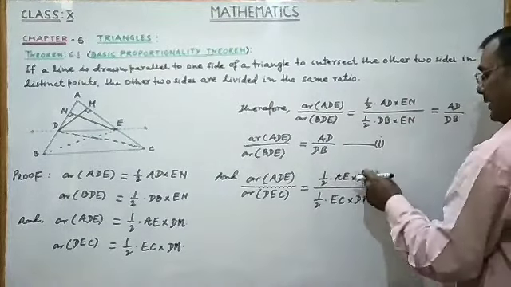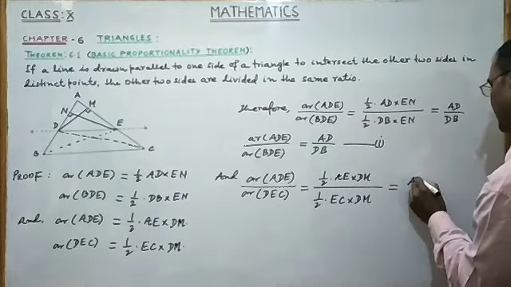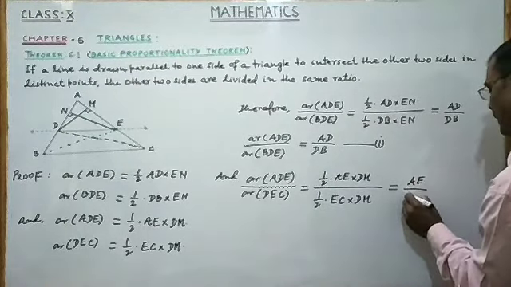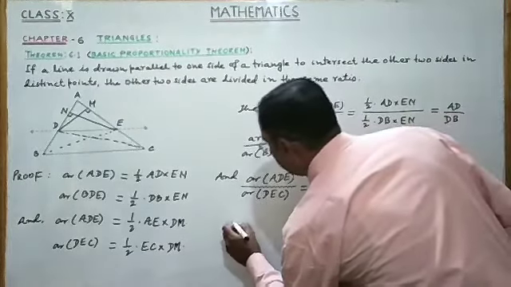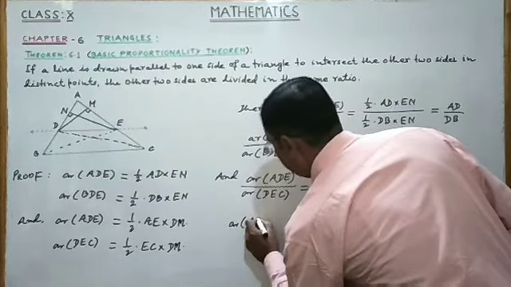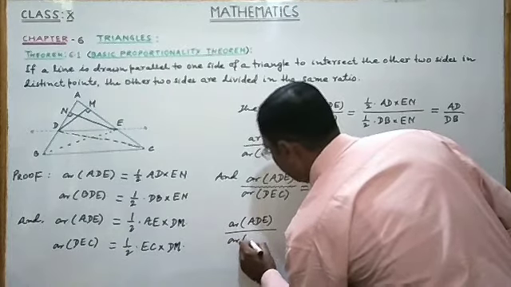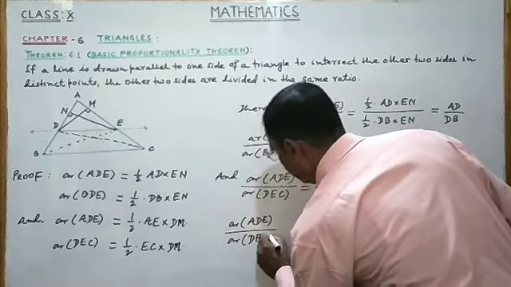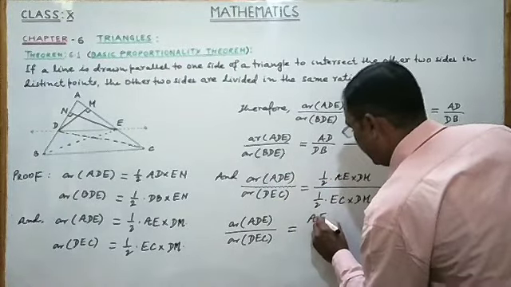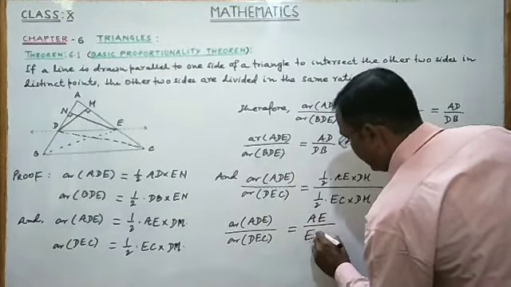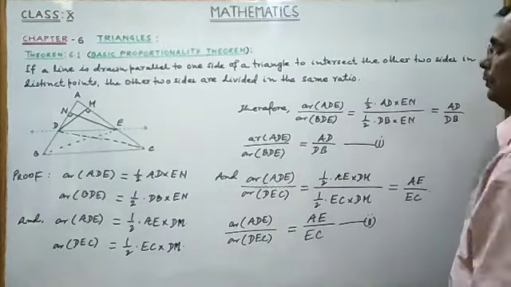Half cancel, DM cancel, so it is equal to AE by EC. So we can write area of triangle ADE by area of triangle DEC equal to AE by EC, and let it be number 2.